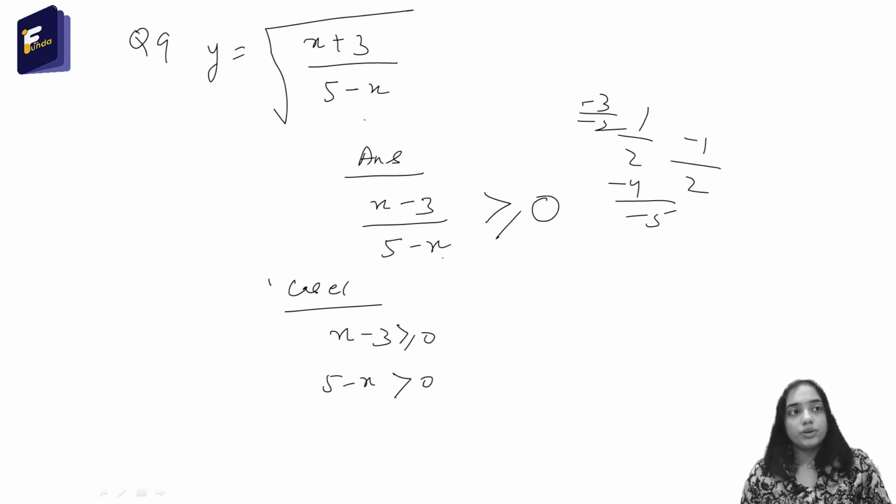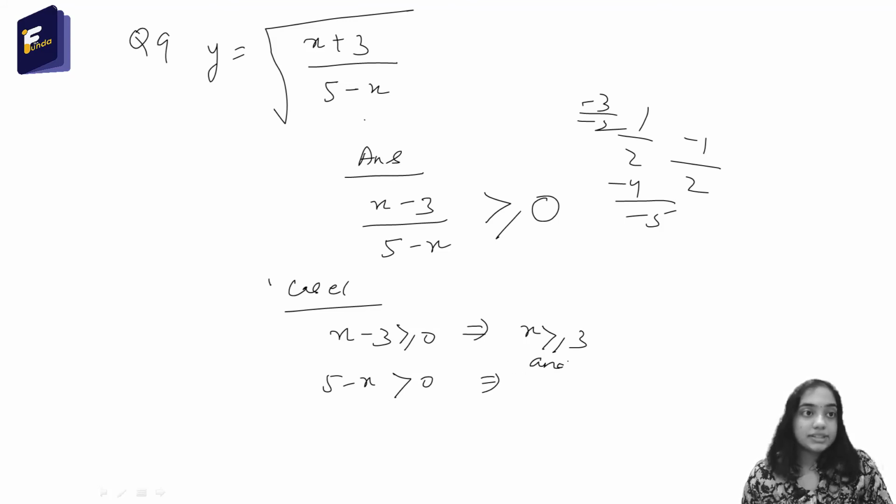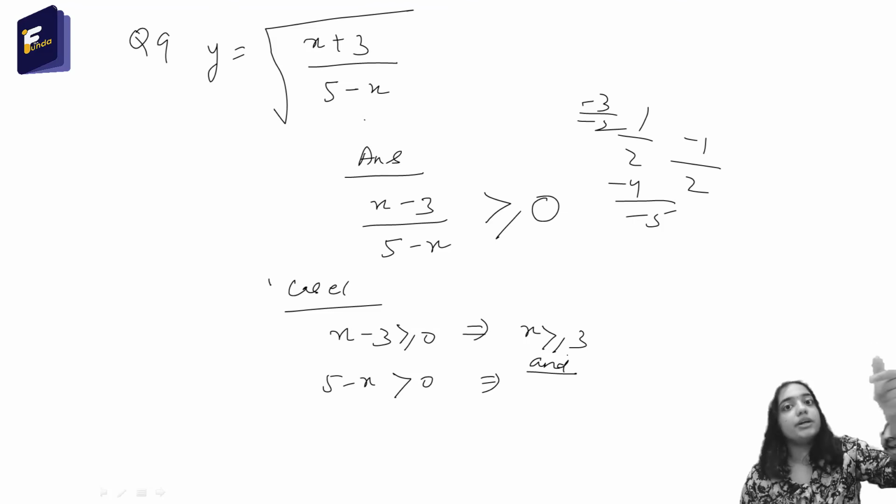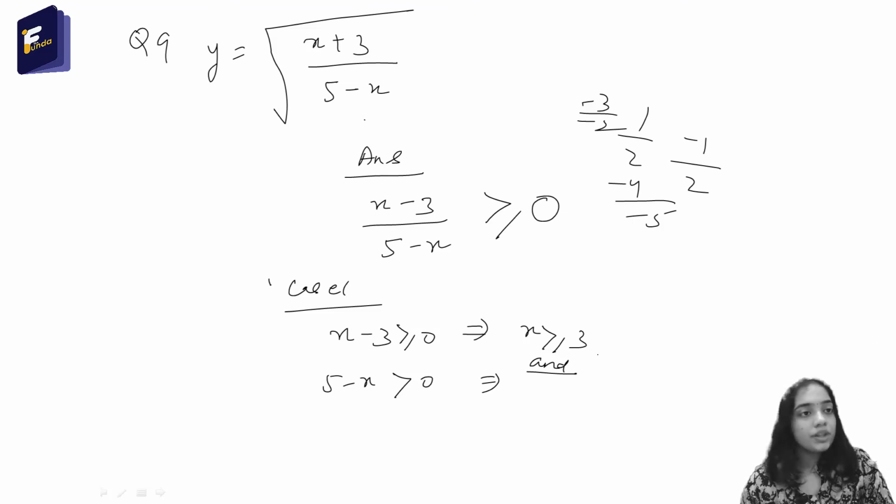It is not equal to, because it is in the denominator. That implies x is greater than or equal to -3, and also, it is not or, both conditions should be satisfied. So 5 minus x is greater than 0 implies x is less than 5.